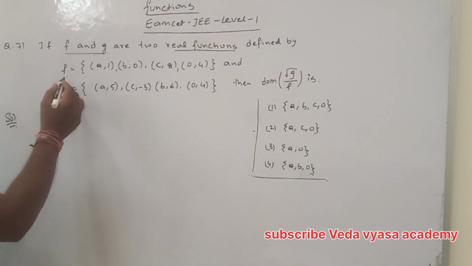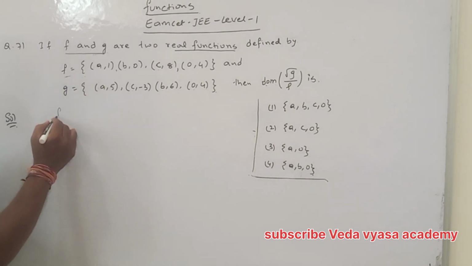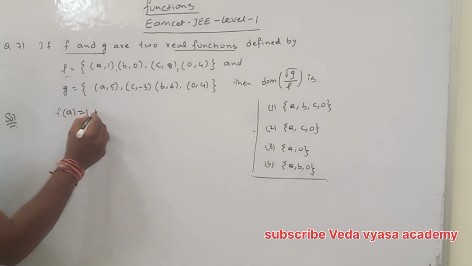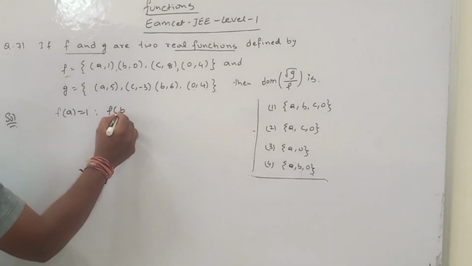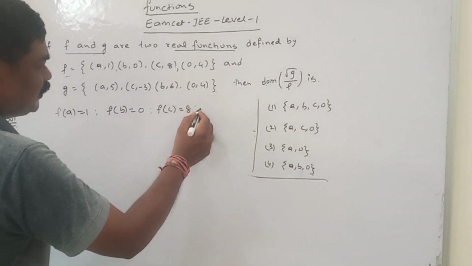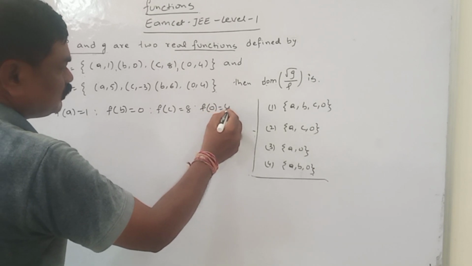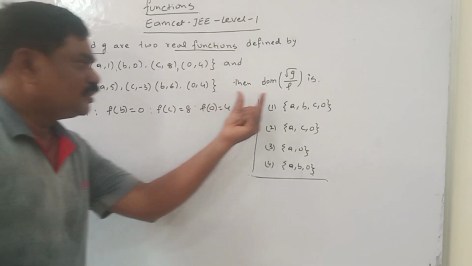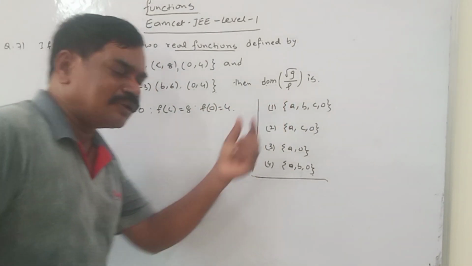So here from this, f of a is equal to what? 1. f of b is equal to what? 0. f of c is equal to 8. f of 0 is equal to 4. Here we want the domain of 1 by f.